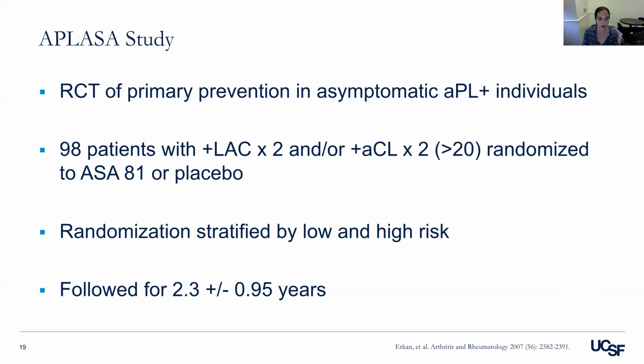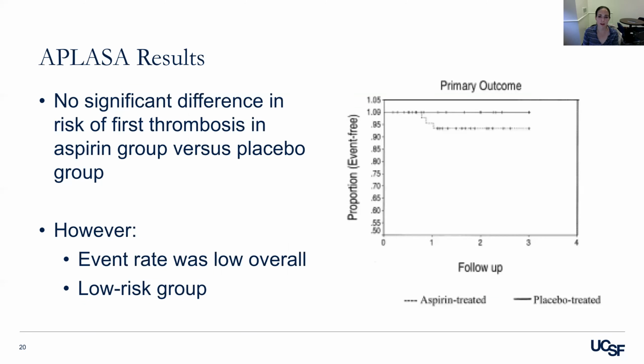And they followed them on average for just under 2.5 years. So not a very long follow-up period, which I think is important as we're considering the results of the study. So what they found over those just over 2 years of follow-up on average was that there was no significant difference in the risk of first thrombosis in the group that was treated with aspirin versus the placebo group.